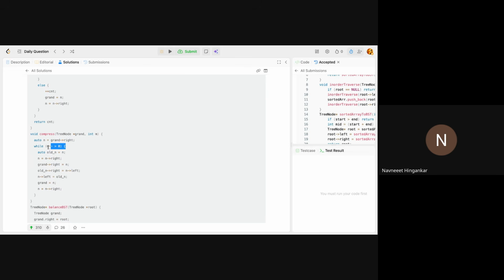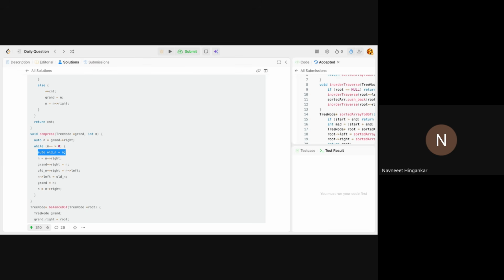And then while m is greater than 0, old n right and left and n. This is just a rotation part here. So all we need to do is m minus minus, because we don't need to rotate the right tree, we will just need to rotate half of those nodes. So initially we rotate the first subtree, then the half portion we don't need to rotate, then again recursively that.